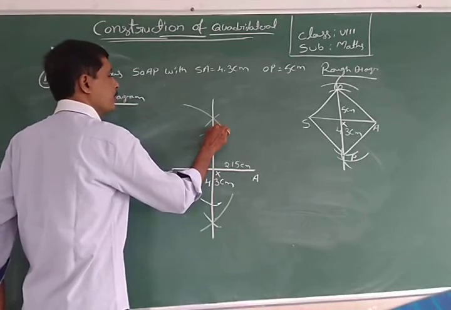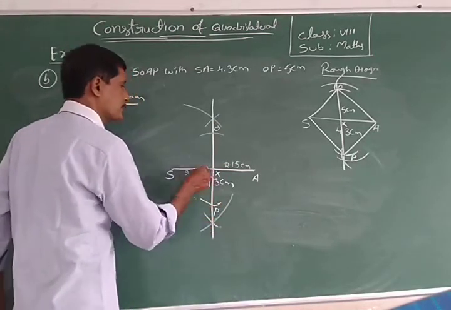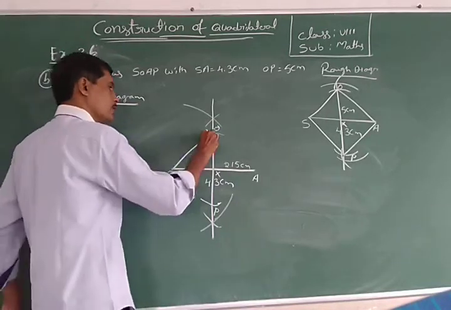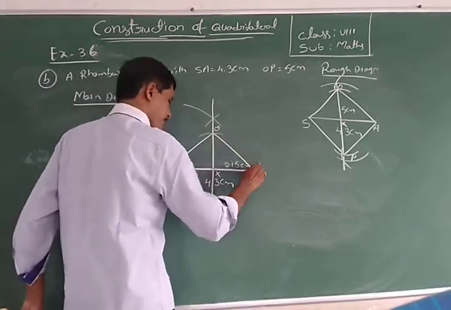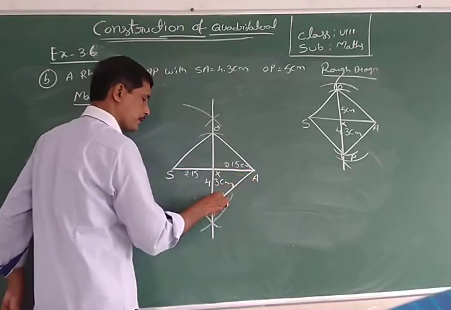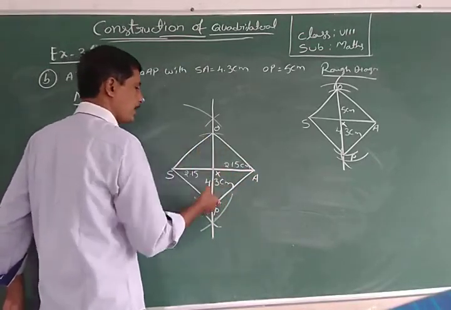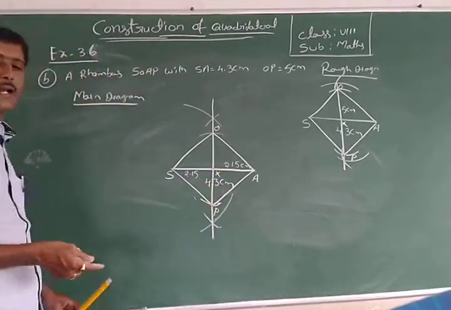This point is O, this point is P. Join using the scale: SO, OA, AP and SP. Therefore, SOAP is a rhombus.